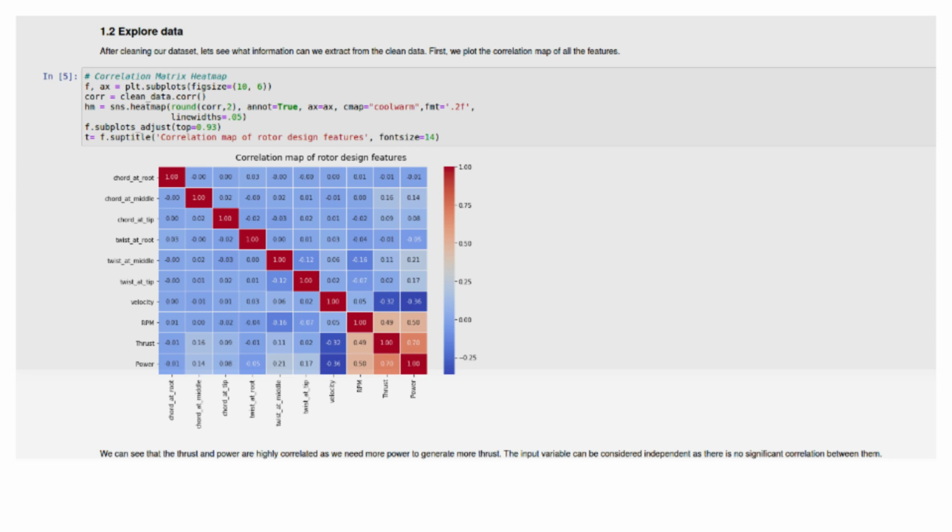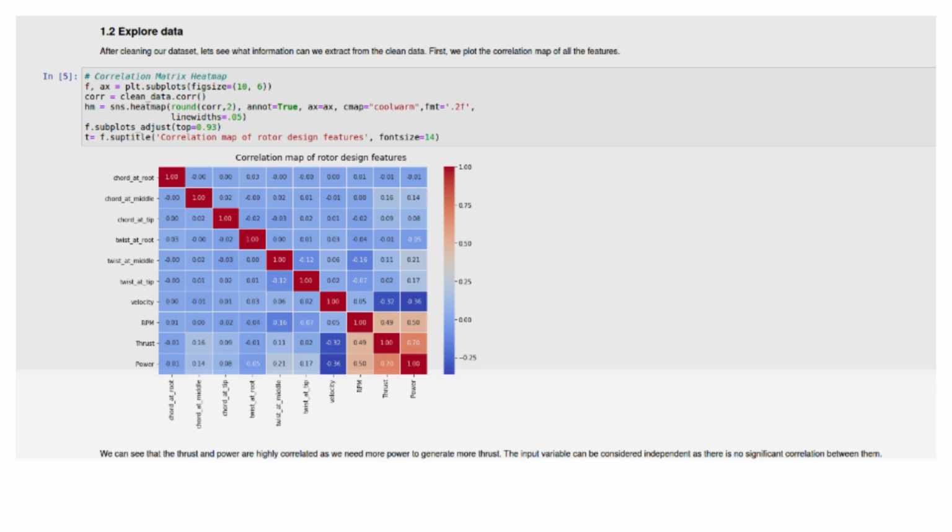So if we plot the correlation map of all the features, we can easily notice that the thrust and the power are pretty much correlated. So it is quite obvious that if we would like to generate more thrust, we will need more power.